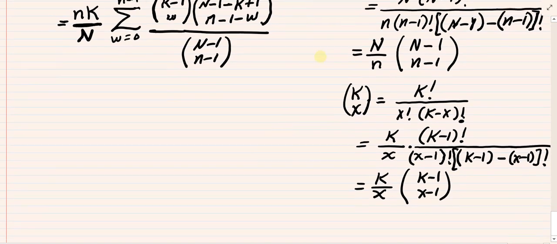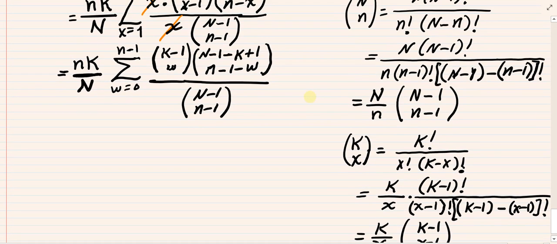Okay, so we got that one. Now in this expression, let's see, what are we going to do next? We can actually bring the denominator out, right? So remember, in front I have n capital K over capital N, bringing the denominator out, because it doesn't depend on the index of summation. So that's going to be 1 over n minus 1, n minus 1, right?